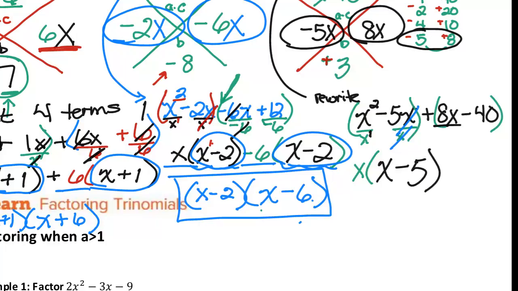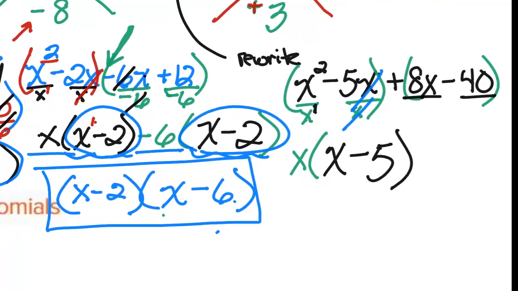Okay, then look at 8x minus 40. What do those two have for their greatest common factor? 8, right? So factor out plus 8. 8x divided by 8 simplifies out to be x.